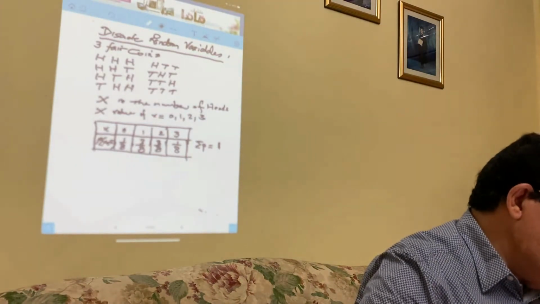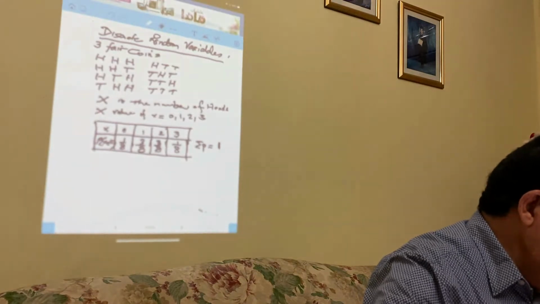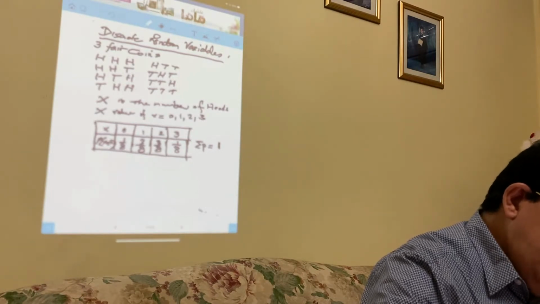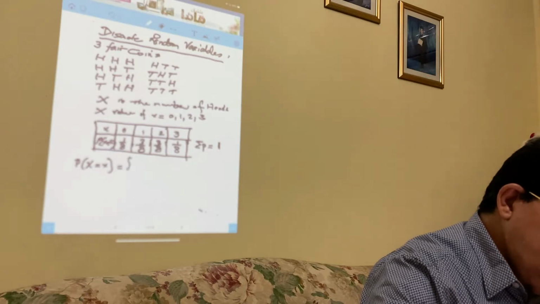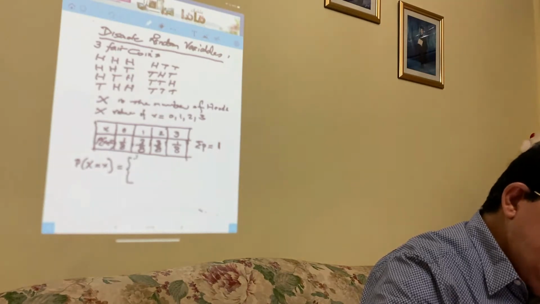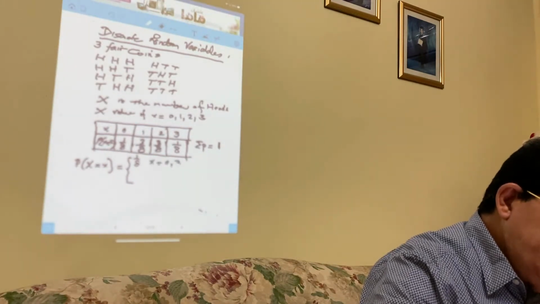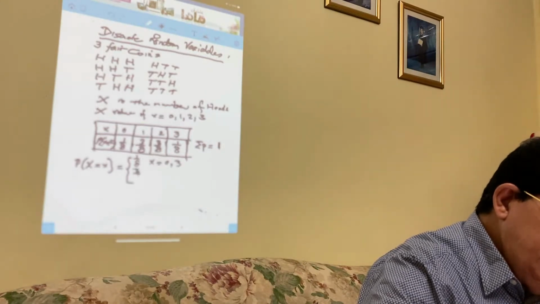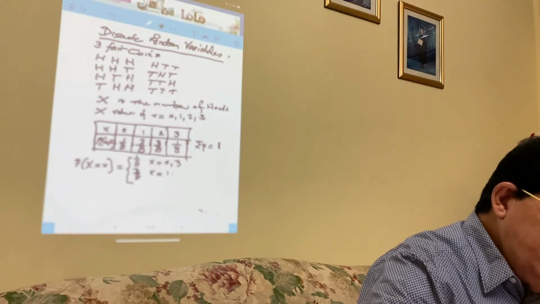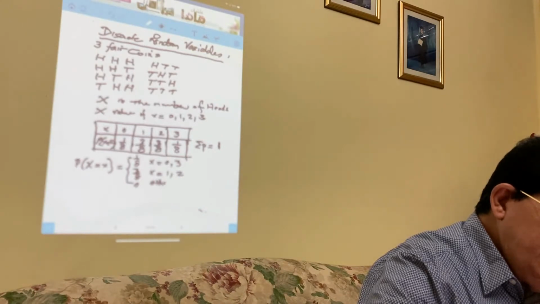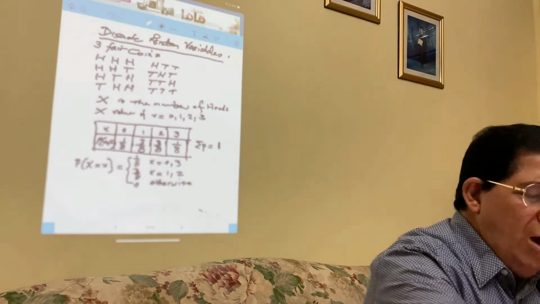We can express this distribution table in function form by saying that the probability that capital X equals small x is equal to 1 over 8 for x equal 0 and 3, and 3 over 8 when x equal 1 and 2, and 0 otherwise, to show that there is no other possibility.